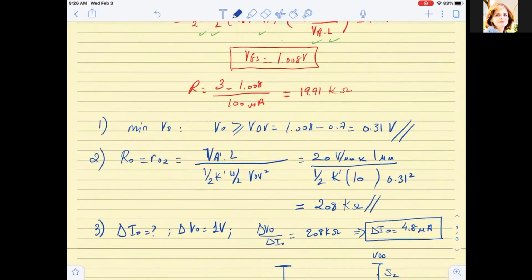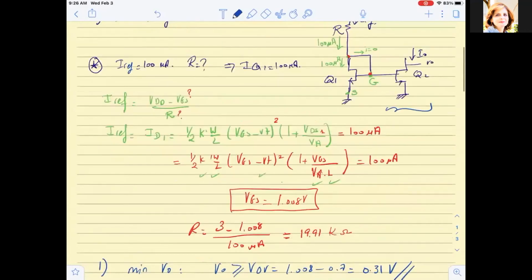Let me also ask you another question. At what voltage VO will the current IO be perfectly equal to 100 microamps?